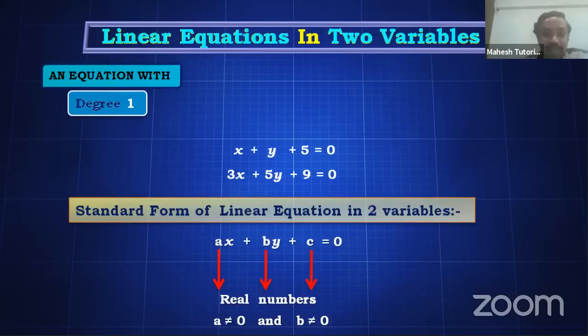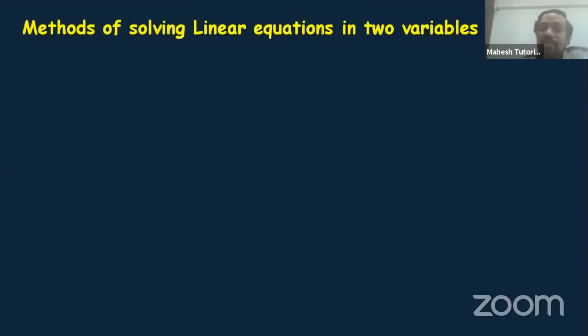I hope, students, that the standard form of linear equation is very clear to each and every student. Moving further, now let us learn the methods of solving linear equations in two variables.